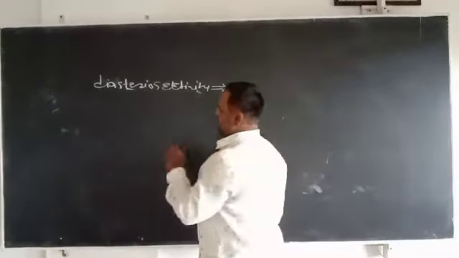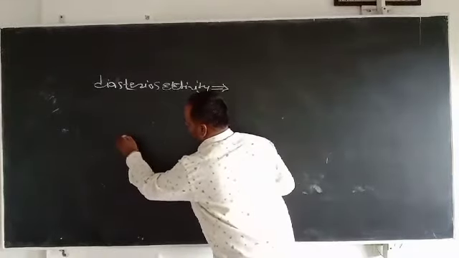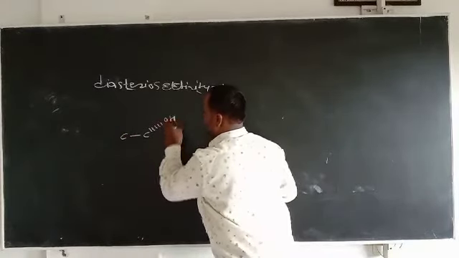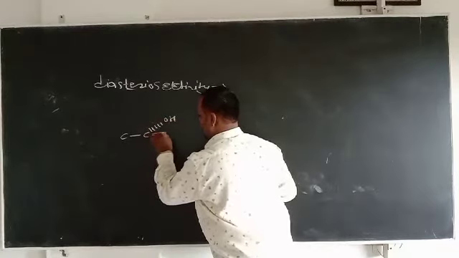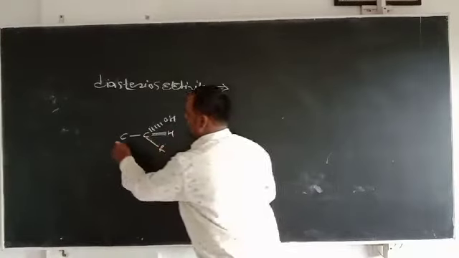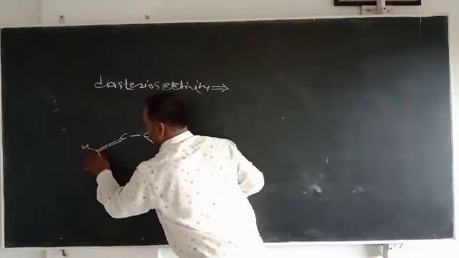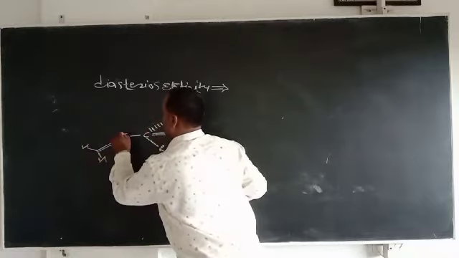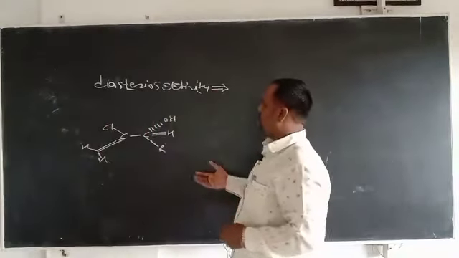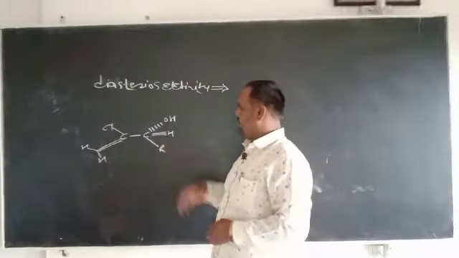Let us see an example for this diastereoselectivity. Carbon, here an OH group, hydrogen above the plane, here one R group, here a carbon-carbon double bond, hydrogen, and one chlorine. This is your substrate.